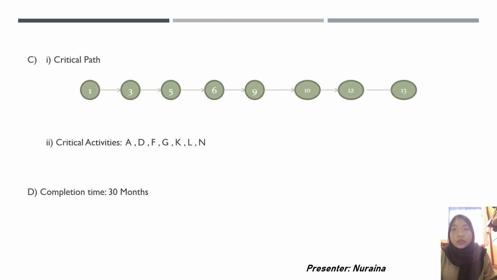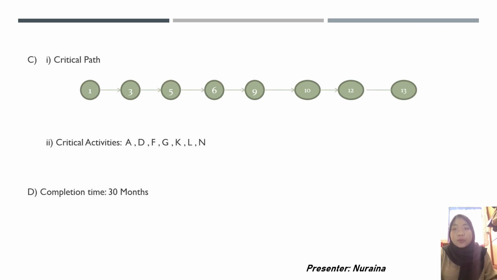On this question, the answer for the critical path is 1, 3, 5, 6, 9, 10, 12, and 13. The critical activity is an activity on the path which, if delayed, will delay the completion time. The answer for these critical activities is A, D, F, G, K, L, N.